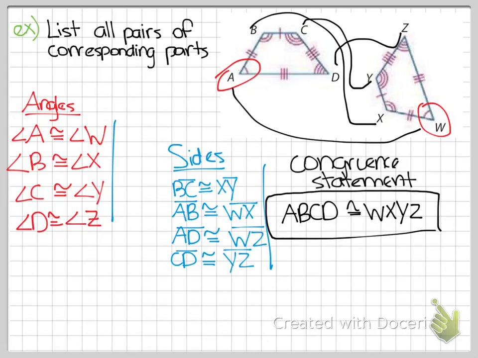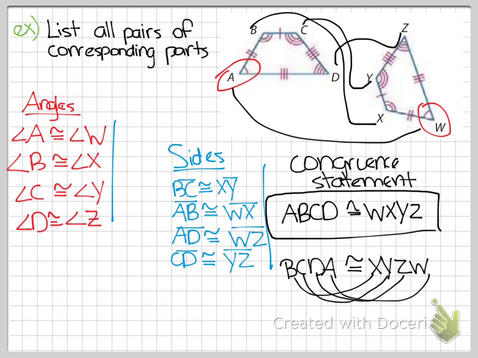You just have to make sure that they pair up with what they're supposed to pair up with in the other one. So I could easily write my statement as BCDA is congruent to XYZW, as long as, again, B pairs up with X, C with Y, D with Z, and A with W. They just have to pair up with the correct angle.